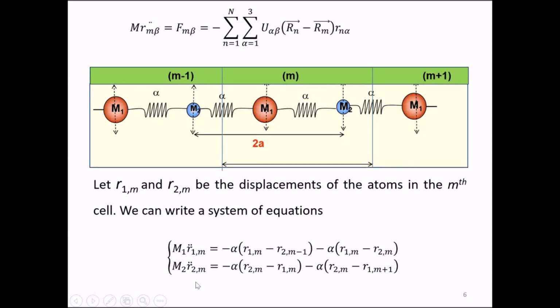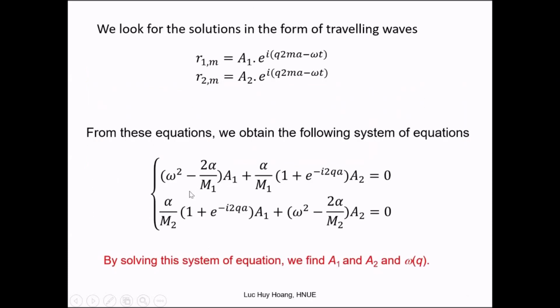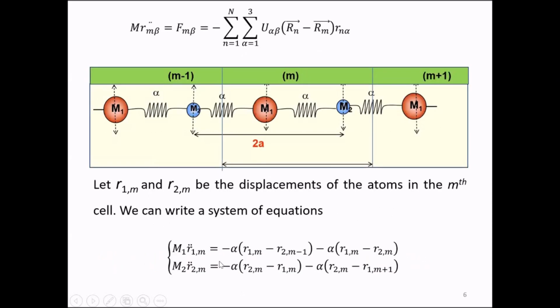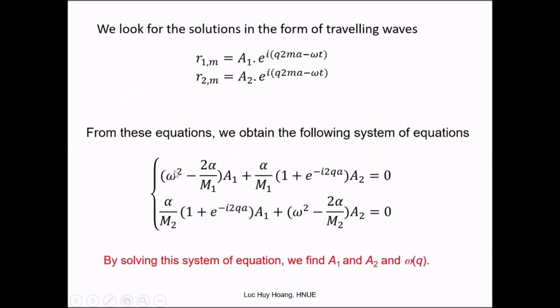Remember we have the second derivative here, and therefore we get omega squared, because omega is contained in the time dependence. By substituting into this system of equations, we get the following equations. The calculation is easy, so I don't have to spend more time on it.